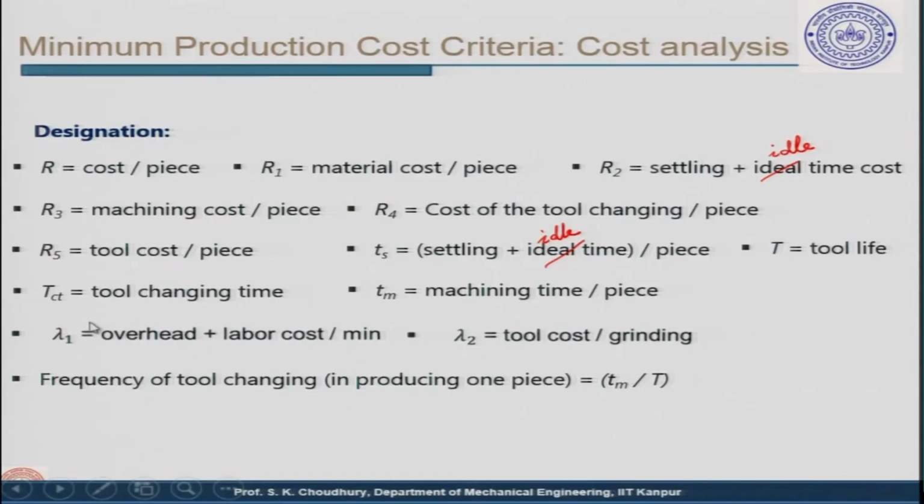Overhead, I explained, is everything else rather than labor cost: the building, the facilities like electricity, water, hydraulics, pneumatics, the chip removal, carrying out of the chip, carrying out of the wasted cutting fluid, and so on. Then we said lambda 2 is the tool cost per grinding.